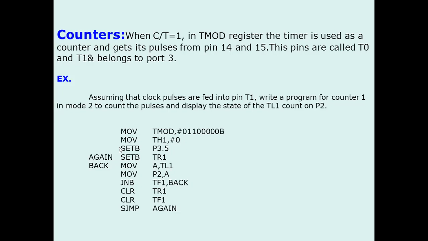So we have loaded the value 0110, and I'm just annotating over here. You can see this is used for T1. In 0110, this is the C/T bar.